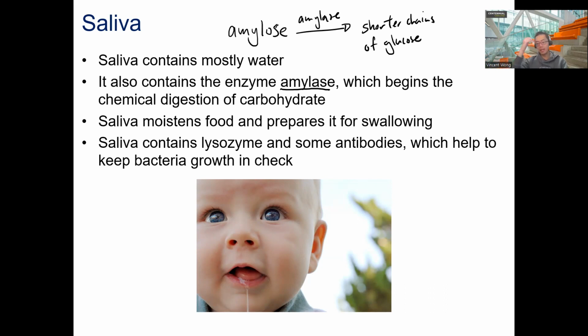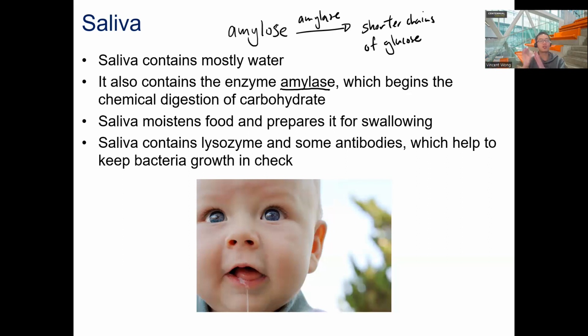Oh, by the way, as I go through the lecture, you should pay attention to where the macromolecules get chemically digested initially. Carbohydrates are going to start being broken down chemically in the mouth. Proteins will happen at a later stage, and lipids will happen at a different stage.